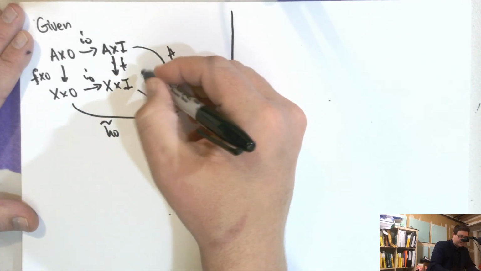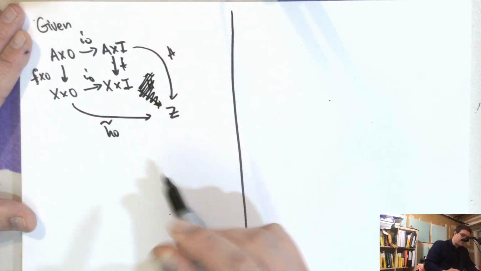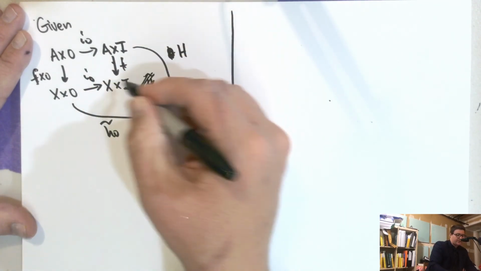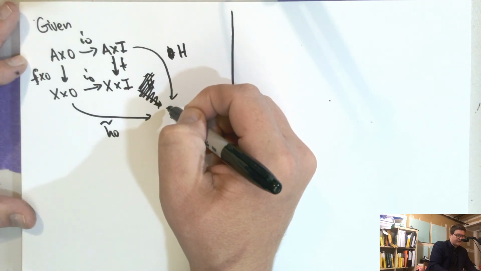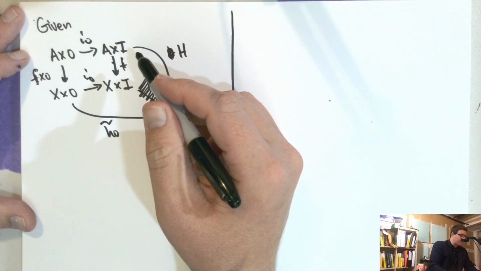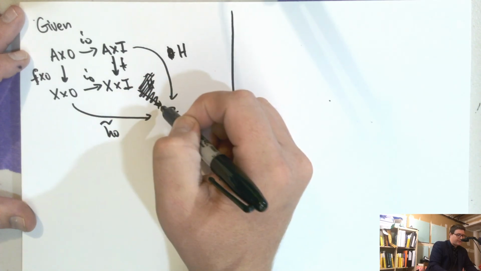This is what this map would say. So this is what we want to show, that we have one of these. But what we're only given is this in the case of the mapping cylinder.